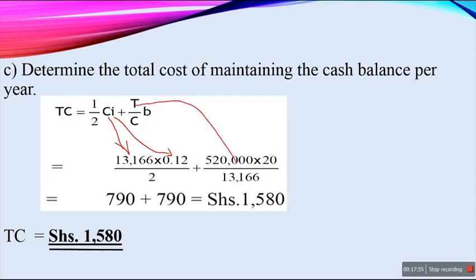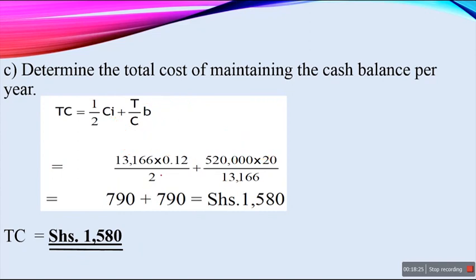Then the total annual requirement was 520,000, that is 10,000 shillings per week in 52 weeks in a year. Then you multiply by B, which was the fixed cost, 20 shillings, and lastly you divide that by 13,166, which is our optimal cash balance.